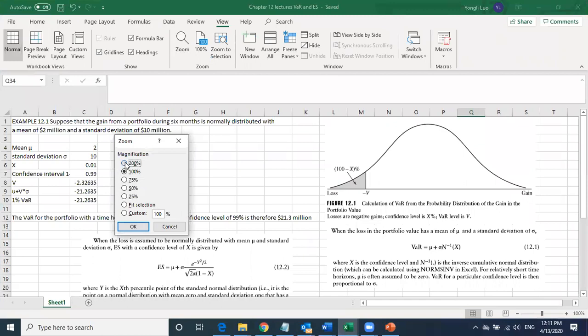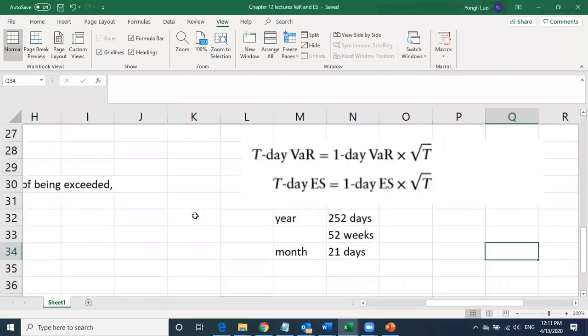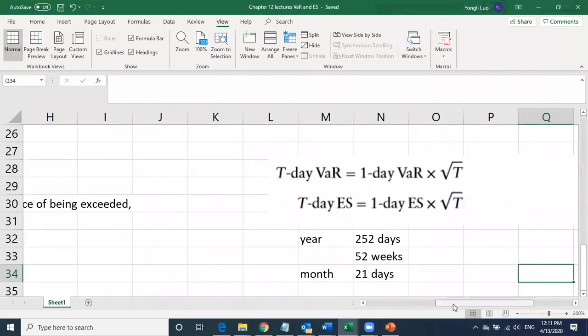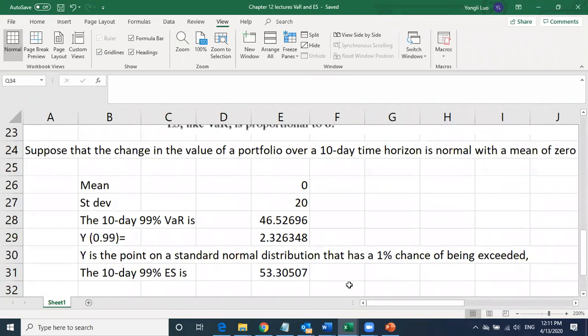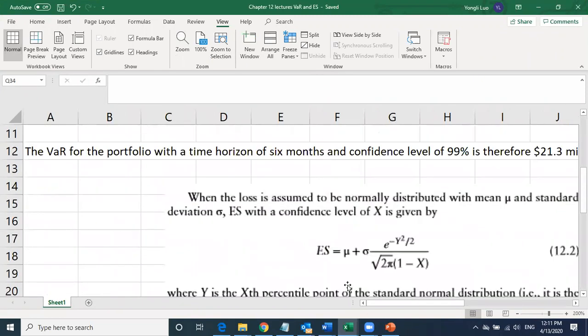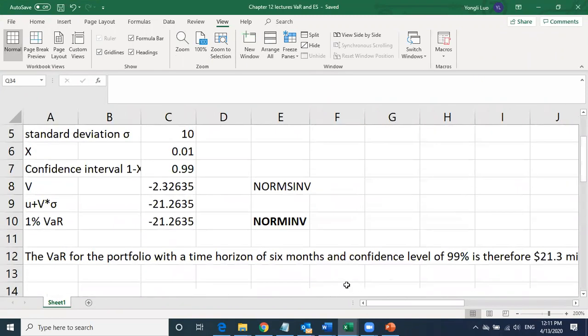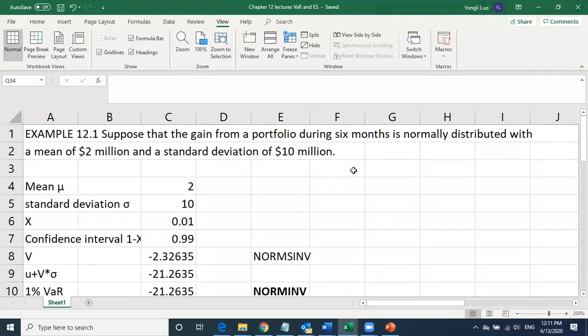this is the question we have. Okay. So the question is that the gain from a portfolio during 6 months is normally distributed with a mean of 2 million and a standard deviation of 10 million.